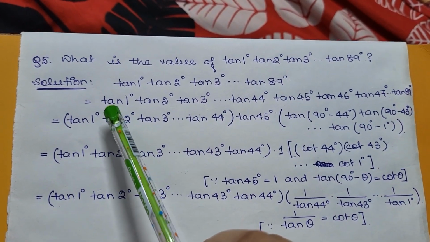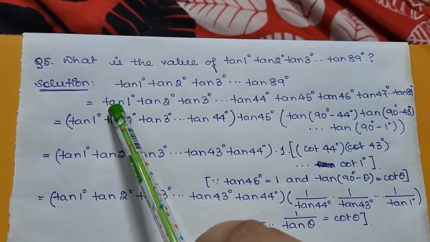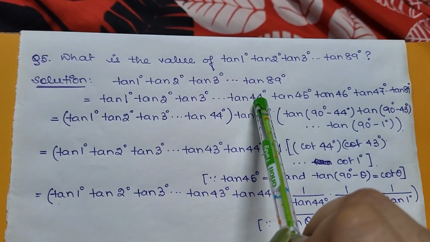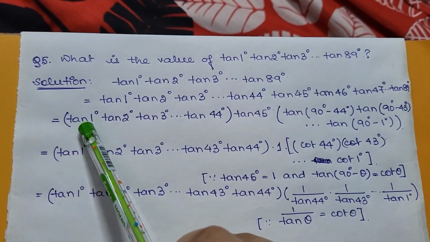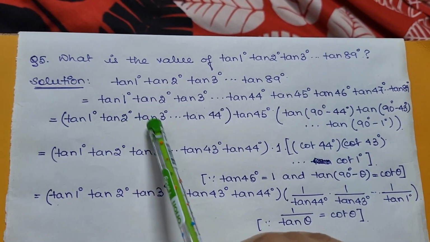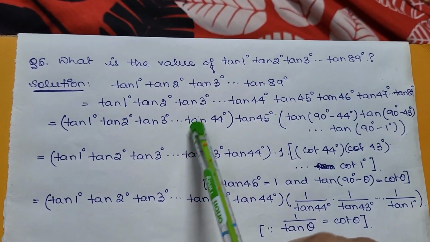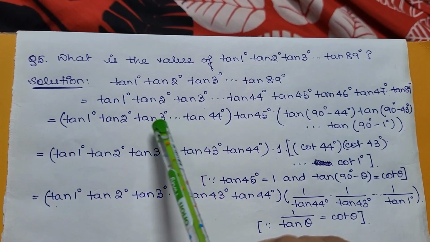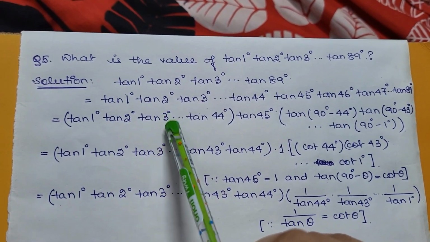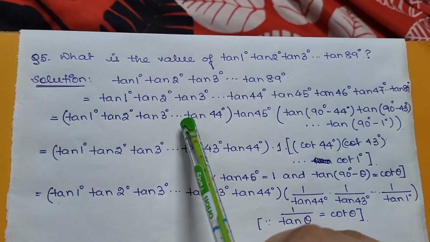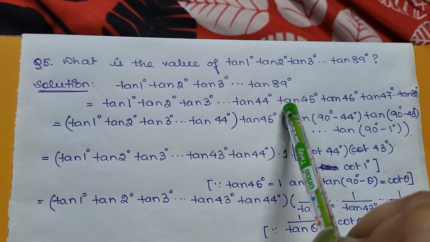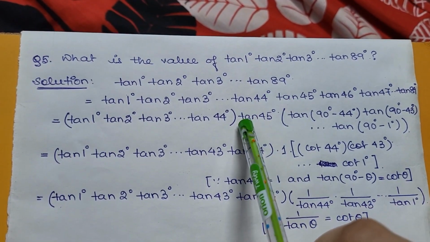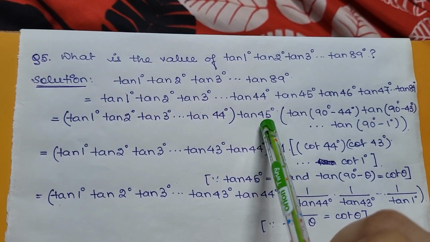What we do is we club tan 1 degree to tan 44 degree together. So in a bracket we write tan 1 degree, tan 2 degree, tan 3 degree, and it continues up to tan 44 degree. We separate tan 45, this is kept alone.